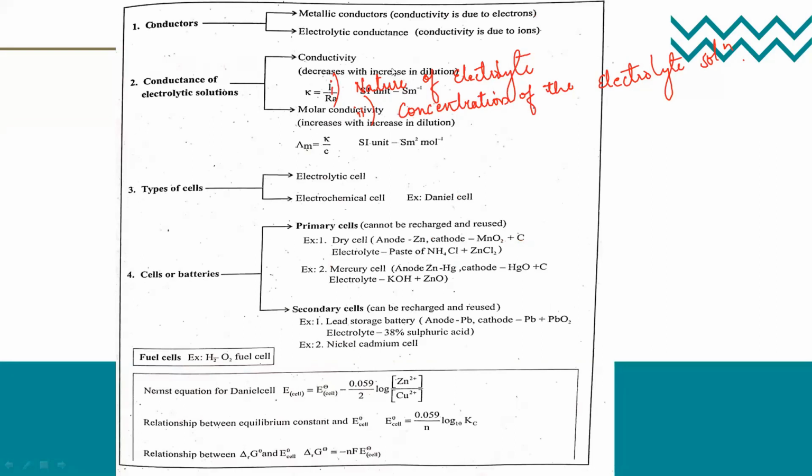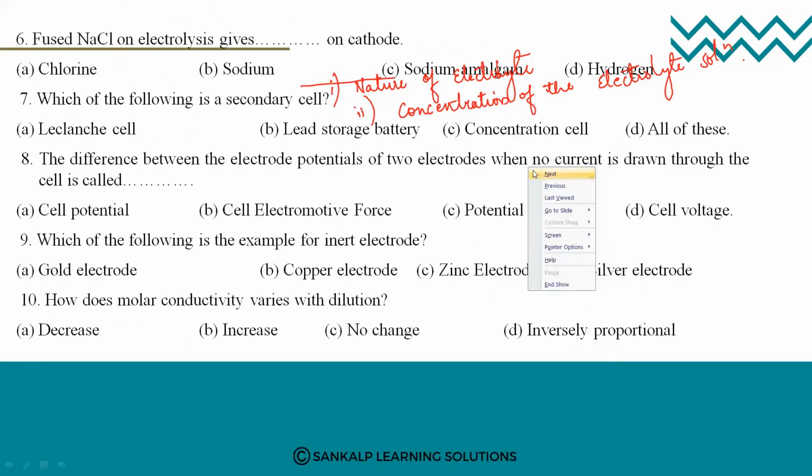As you increase the dilution, the conductivity will decrease. You can read it out here. So as you increase the dilution, what will happen to conductivity? The conductivity will decrease.